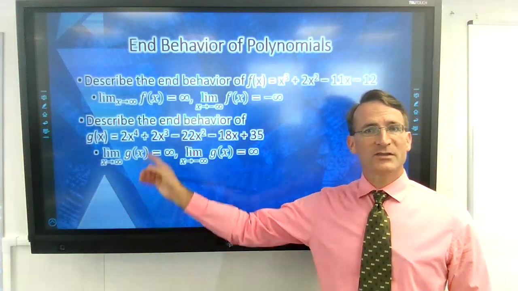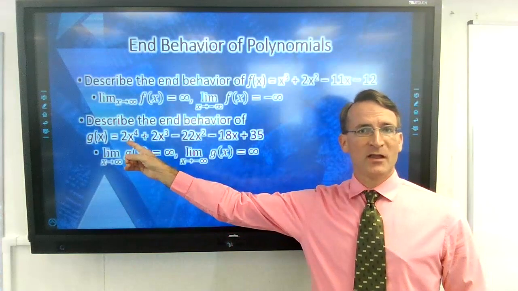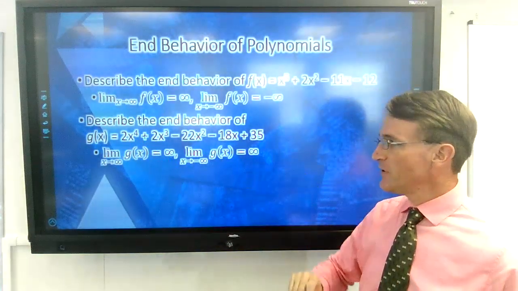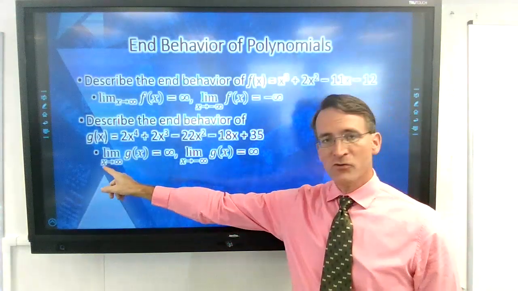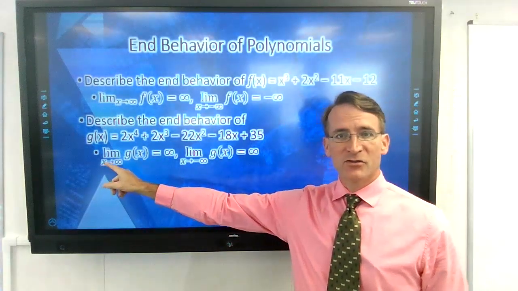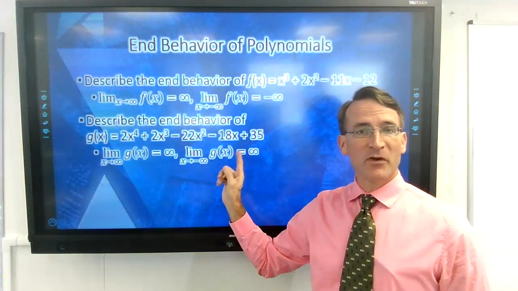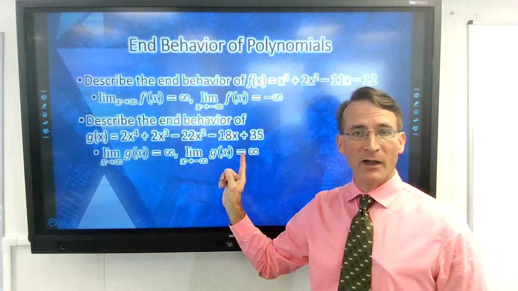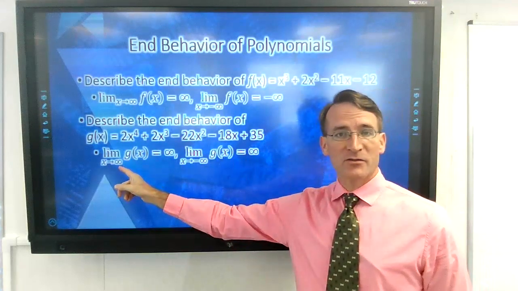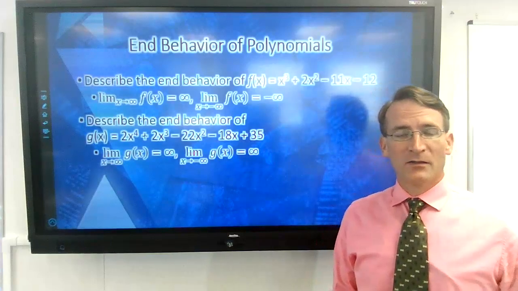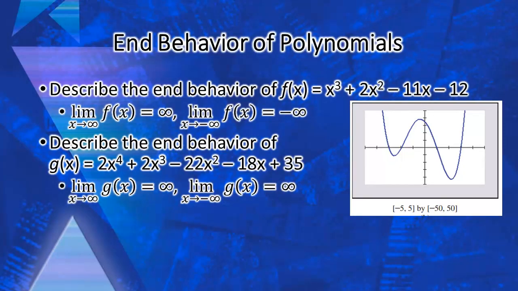In this particular case, since I have a positive value, as I come in and as I leave, I will be going toward infinity. So if I use very large negative values of x, I'm going to be coming in from a very high positive value of y. If I use positive values of x, I'm going to be coming in from positive y. Graphing the second function, you can see I'm coming in from the positive and leaving out toward the positive as well.